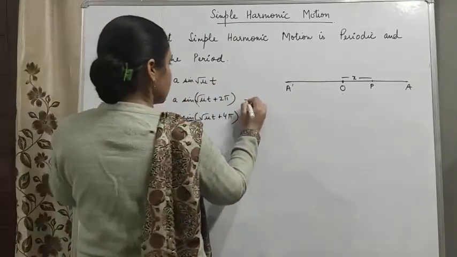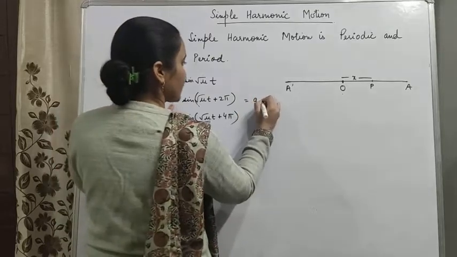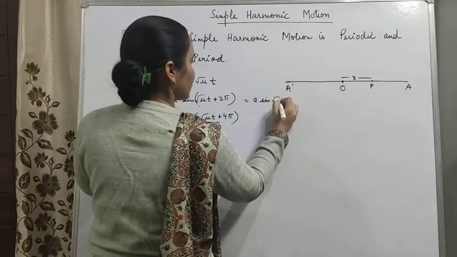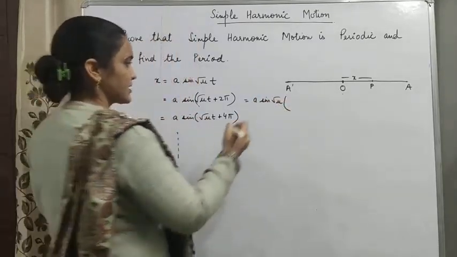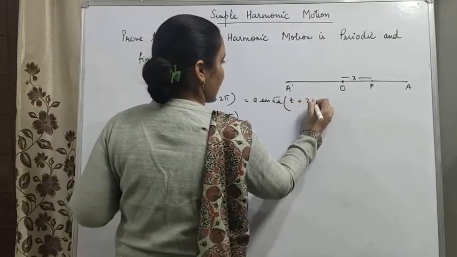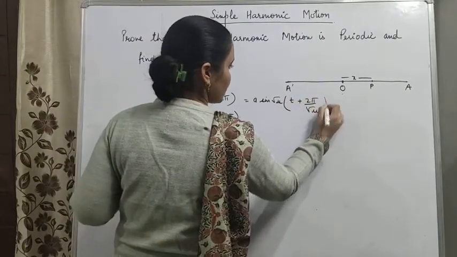So what is this? This can be further rewritten as sine of root mu times t plus 2 pi by root mu.